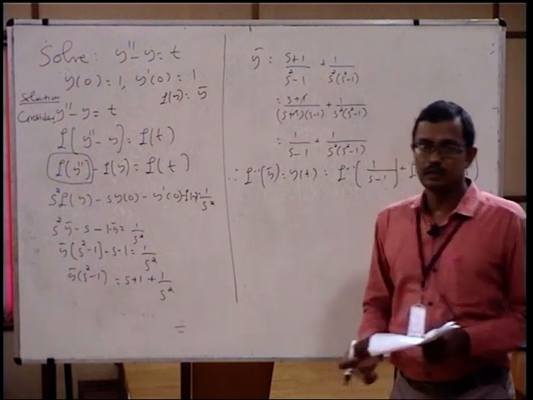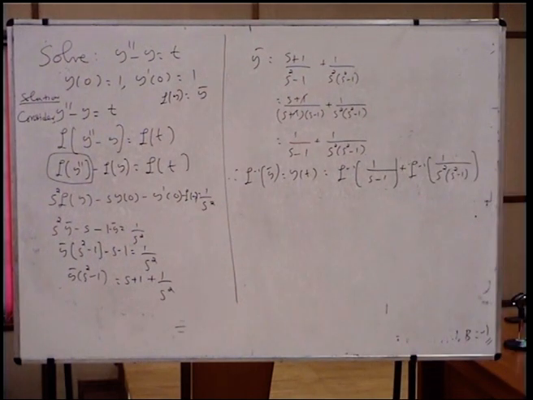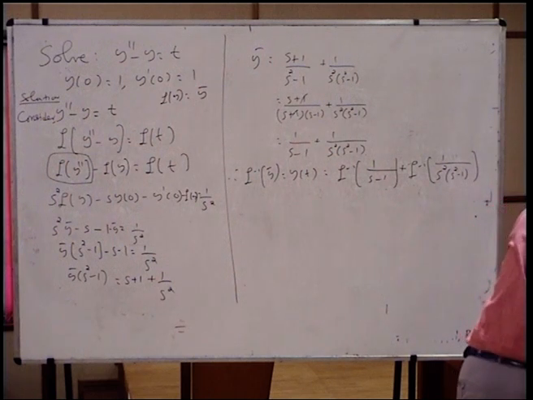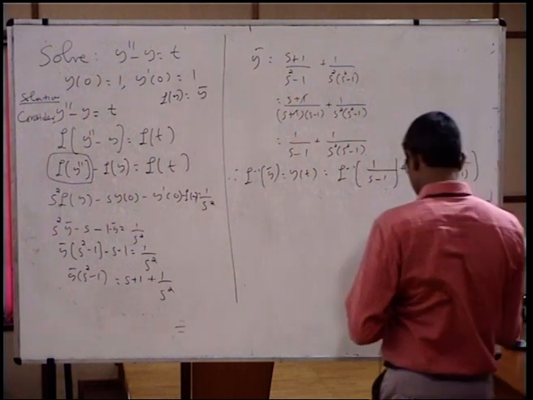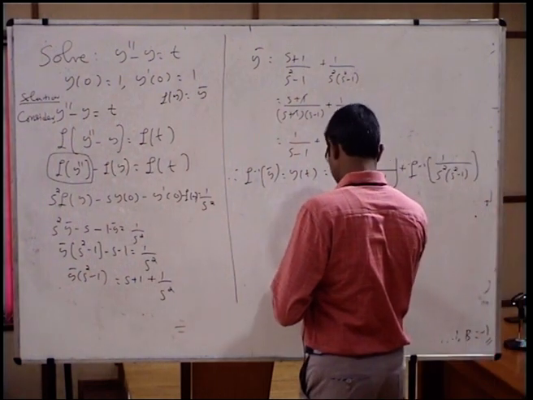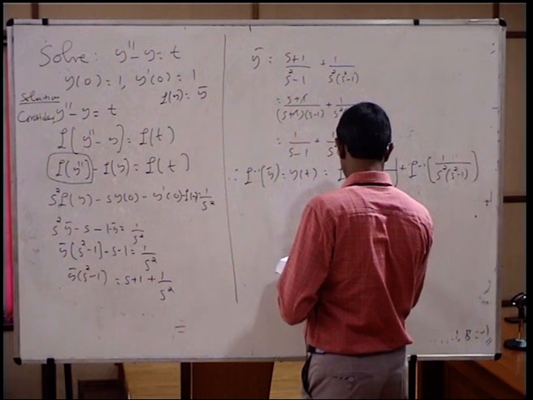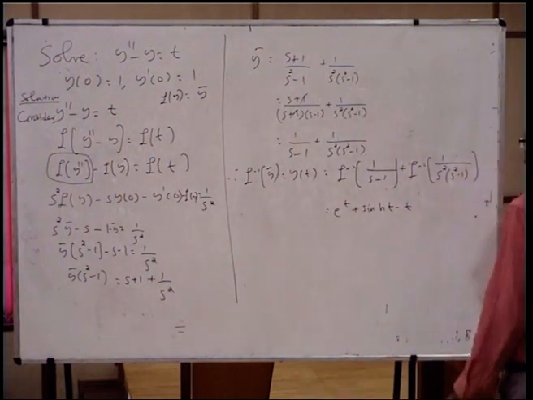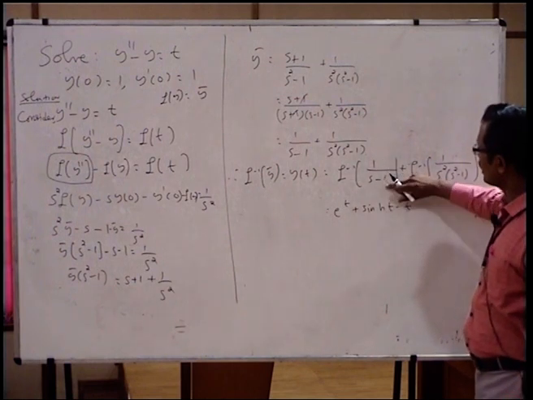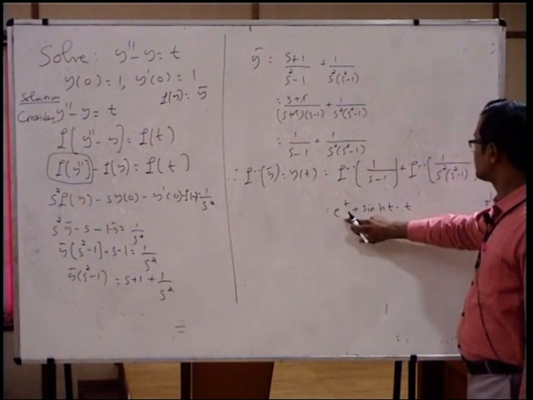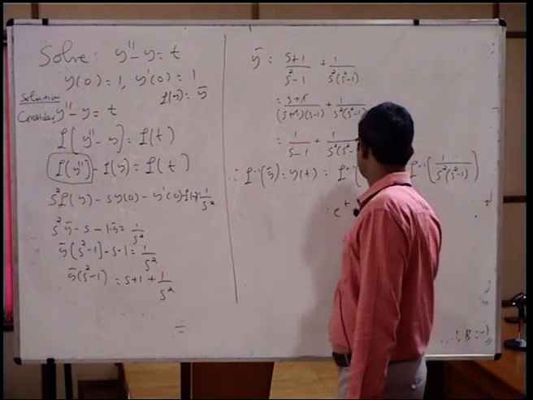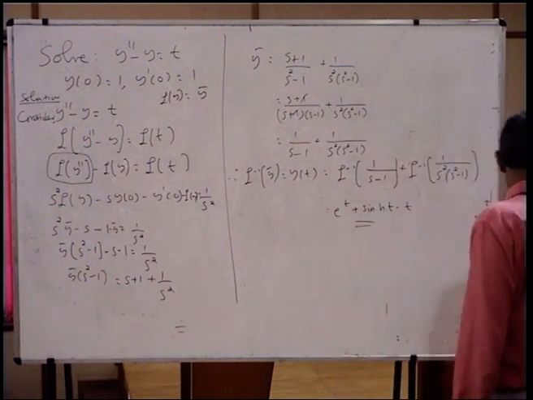So just find its inverse by applying the partial fraction method. We get the solution e raised to t plus sinh t minus t. Obviously, the inverse transform of 1 by s minus 1 is e raised to t, and apply partial fractions here. So we get this solution.